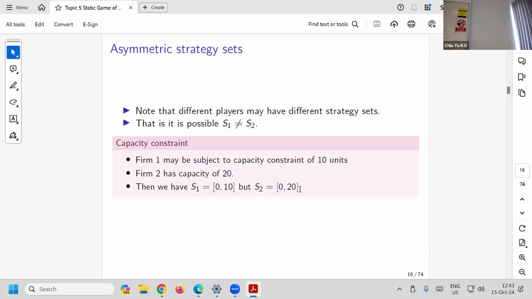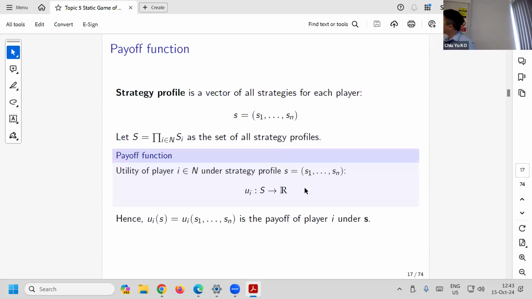Now I think we're ready to define what we call a strategy profile. It is a collection, or a list, of the strategies for all players, and the capital S is the Cartesian product for all players.